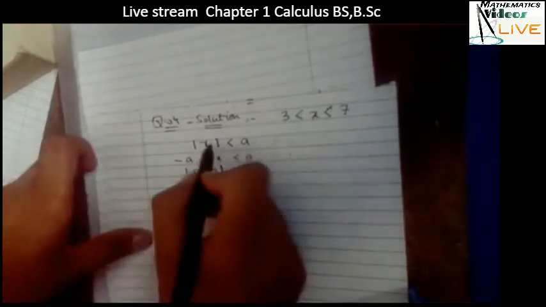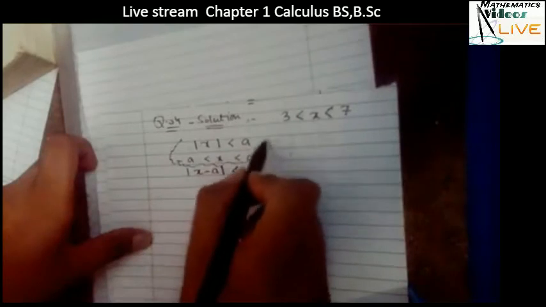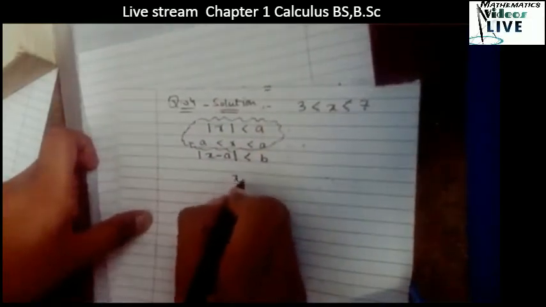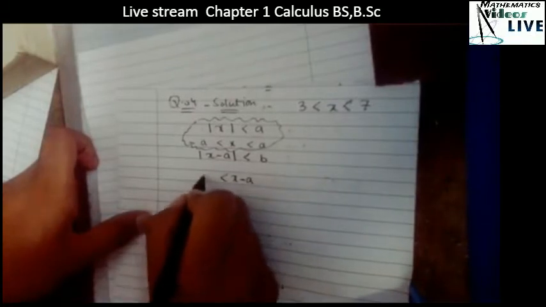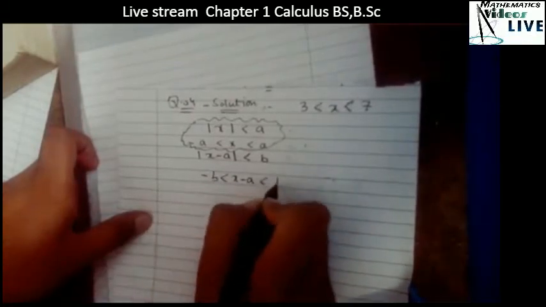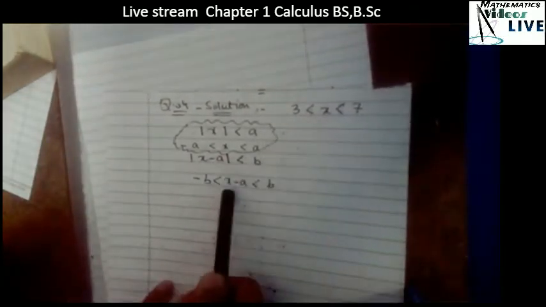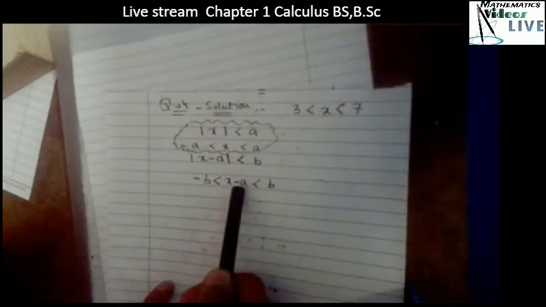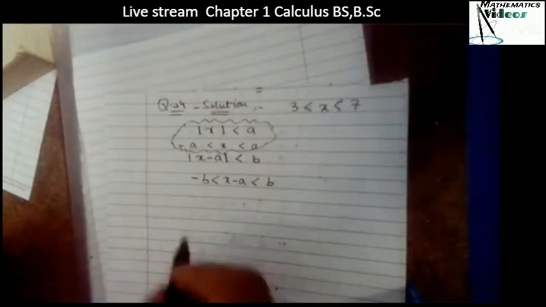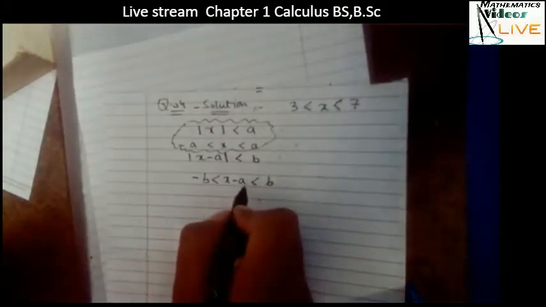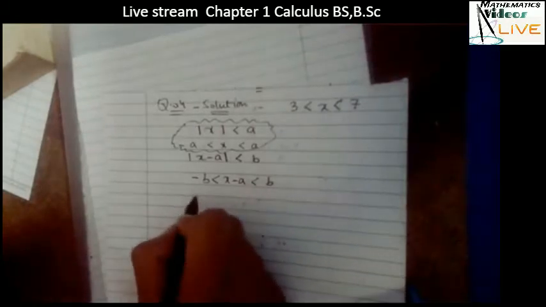This implies, by making use of this relation, that x minus a is greater than minus b and less than b. You need x in the center, therefore we will remove minus a, which can be done by adding a on all sides of the inequality.